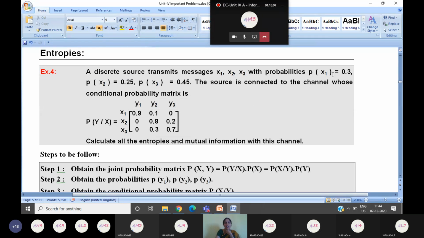Please observe that the sum of all the elements of P of x should be equal to 1. And please remember one more condition, to cross check that it is the corresponding conditional probability matrix. Suppose they say P of y by x; how can you say that it is P of y by x?